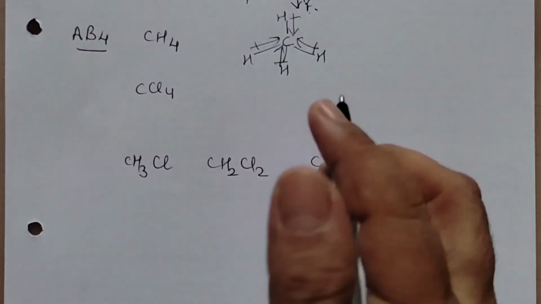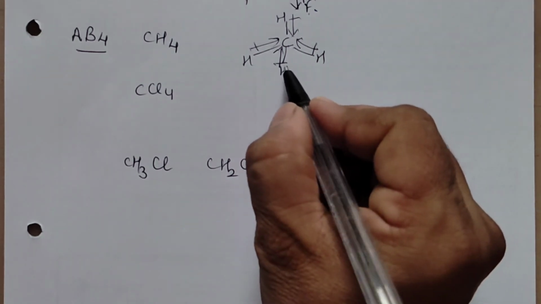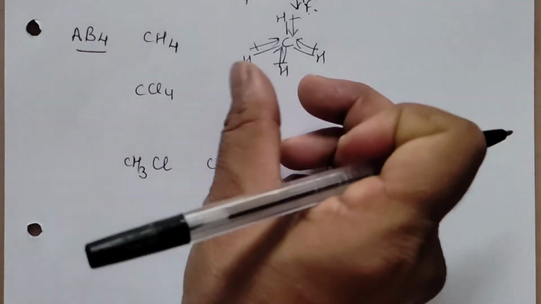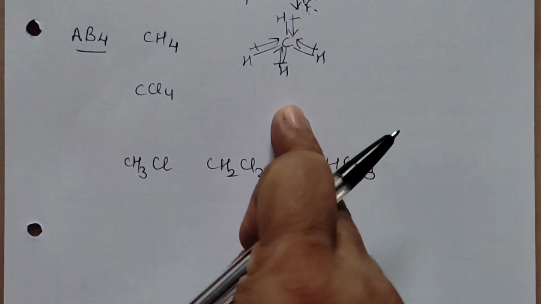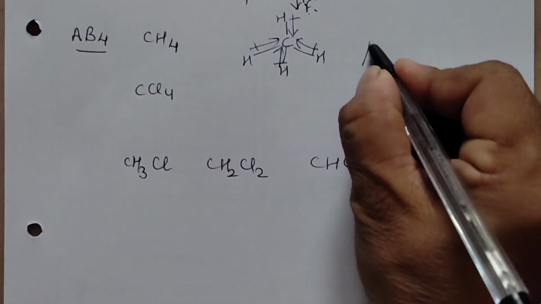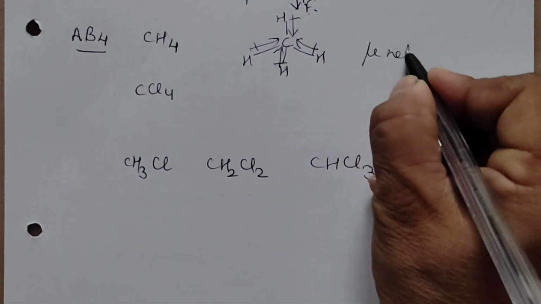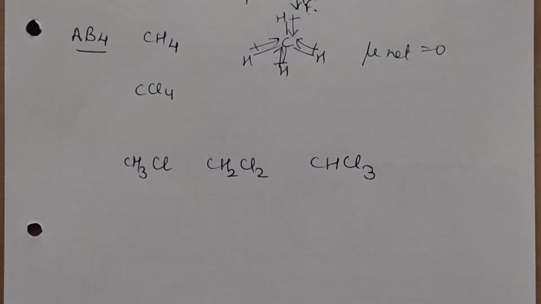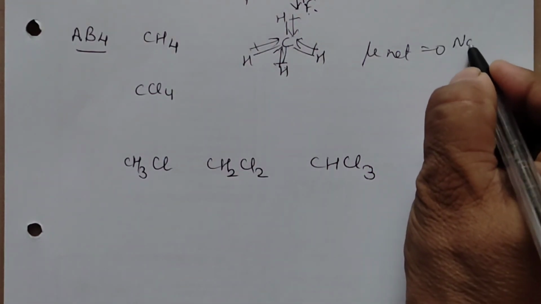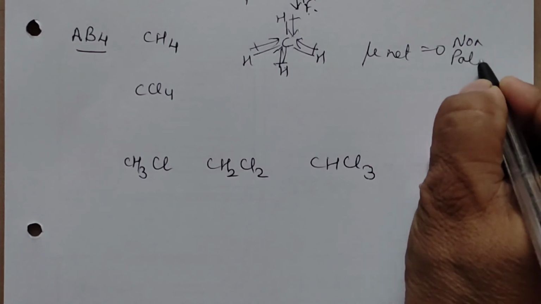These three are at an angle of 109 degrees 28 minutes, moving towards carbon, and this one as such is coming down. So it's a symmetrical molecule. The net dipole moment would be 0. It's a non-polar molecule.